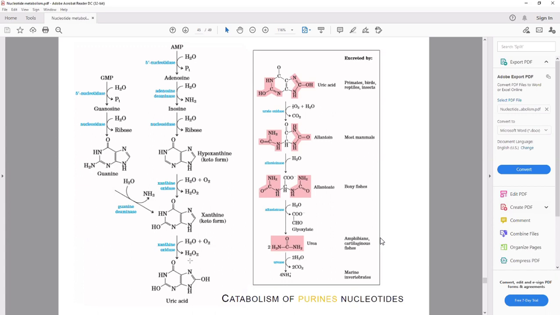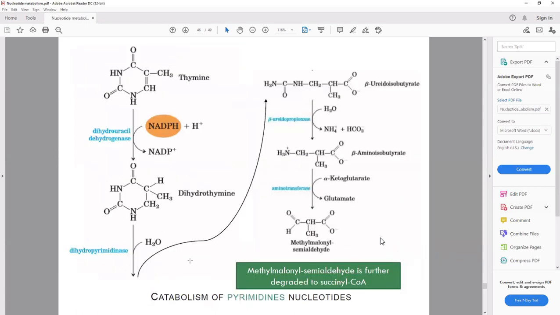It may be that certain enzymes are not functioning, especially xanthine oxidase, right? So this next one is the catabolism of pyrimidine nucleotides.